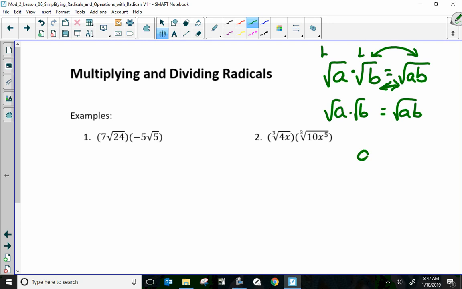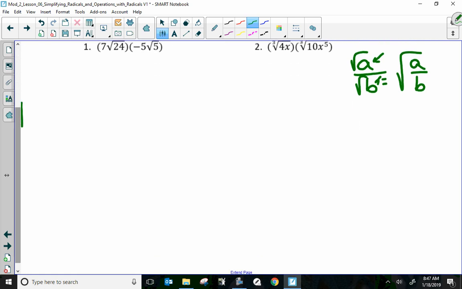If I have A divided by B, and they're both under radicals, I can divide both of these out. I'll use numbers for the division part. If I have 2 divided by 8, that's really 1/4.